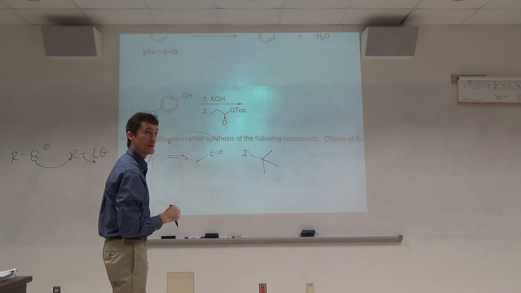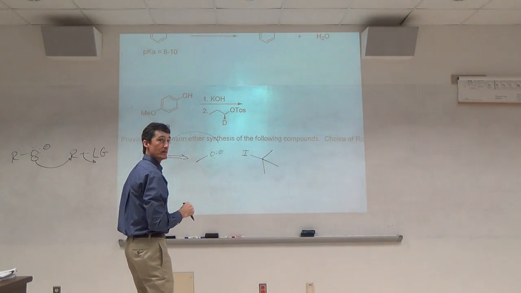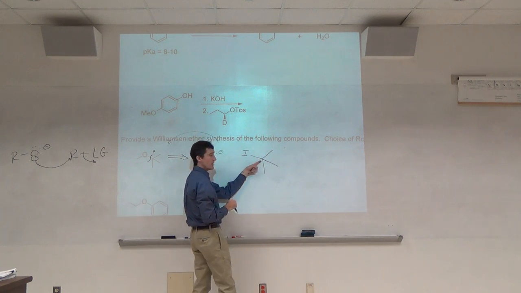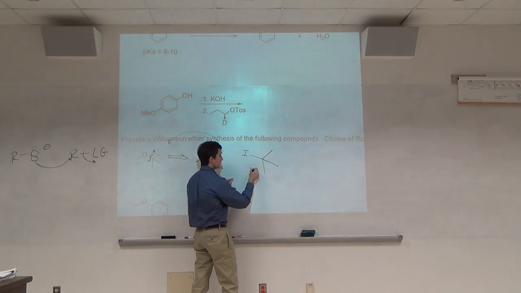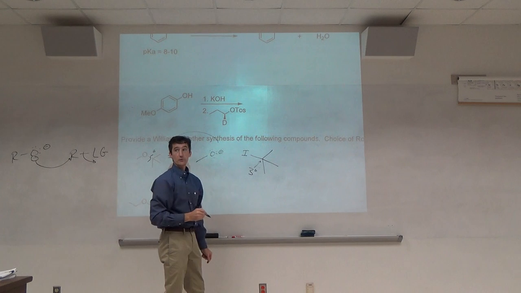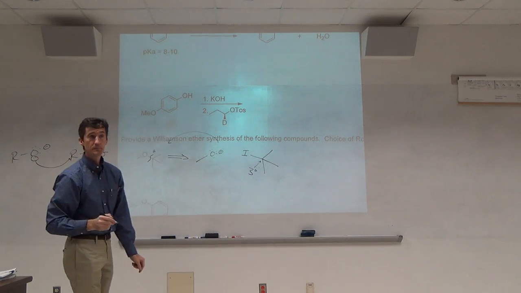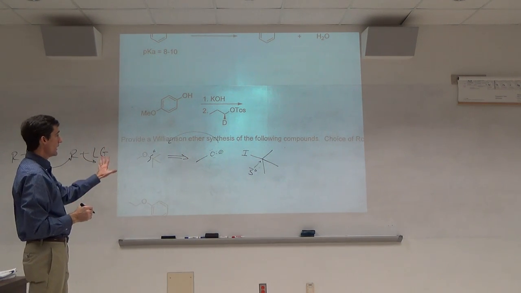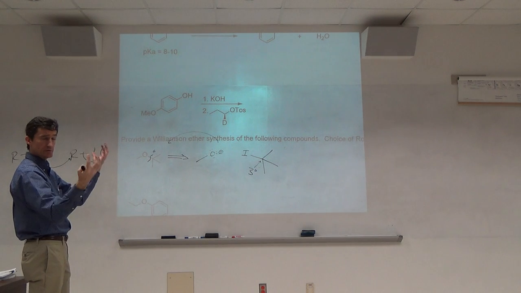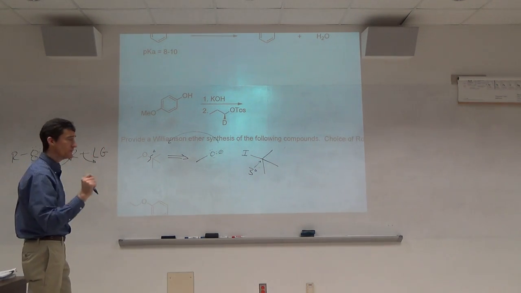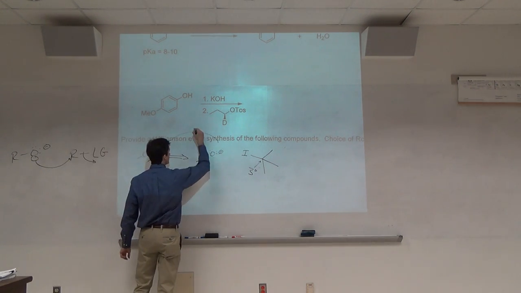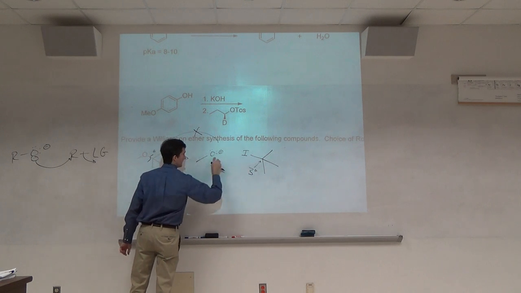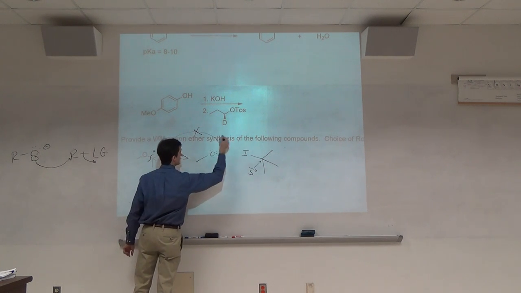Why? Because you want the leaving group to be on, that's a tertiary carbon. Tertiary, you want to be on primary. Do you do SN2s on tertiary carbon? No. Theoretically, this is a good disconnection, but then if you think mechanistically, this is no good. Because you would never say this is going to attack here and do an SN2.